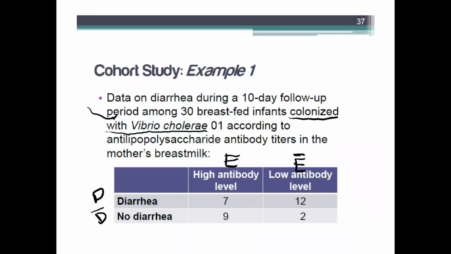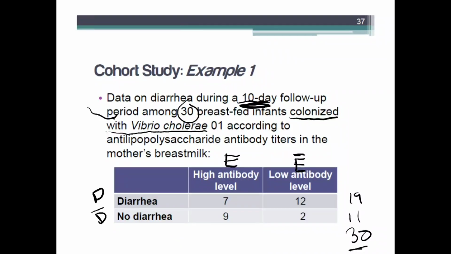Tapos, okay? So, now, we need to identify, is this an incidence proportion or incidence rate? No? Ngayon, titignan muna natin kung nagbago ba yung mga total number of your sample mo. No? So, 19, tas 11, so 30. So, nag-start sila ng 30, after 10 days, dapat 30 pa din.